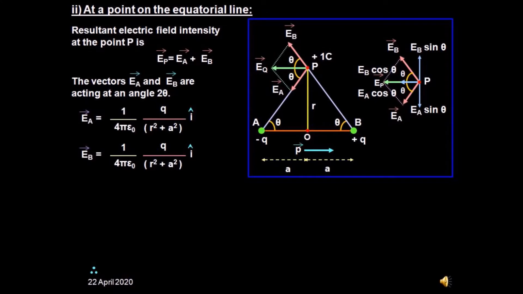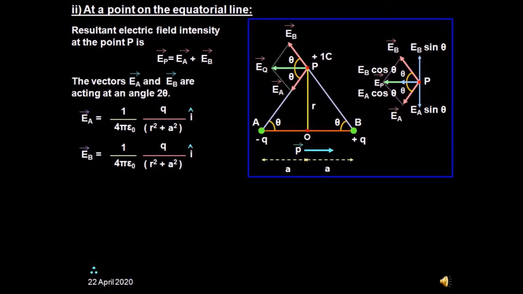Okay, let us start solving EA and EB, which are the individual electric fields due to the charges minus q and plus q at point P. So we will take the help of the formula for electric field due to a single charge, which we have already covered in the previous sheets.